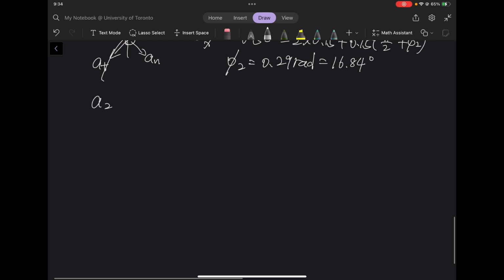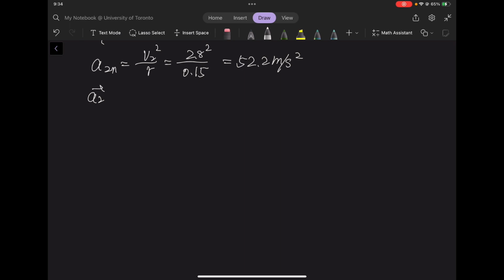Again, a normal acceleration is equal to v2 square over r, which is equal to 2.8 square over 0.15, which is equal to 52.2 meter per second square.